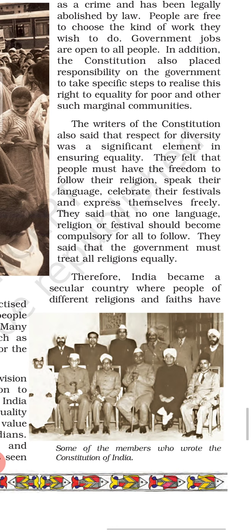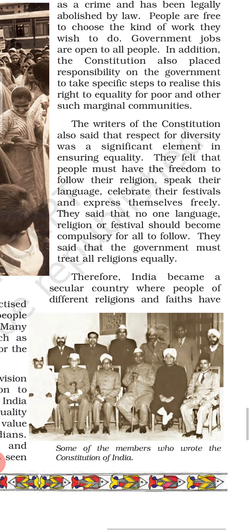So they have given freedom to the people that they can follow their religion, practice their traditions, and speak the language they feel comfortable in. Nobody can compel anyone to follow a particular religion, and therefore they did not declare any particular language or any particular religion to be the national one.